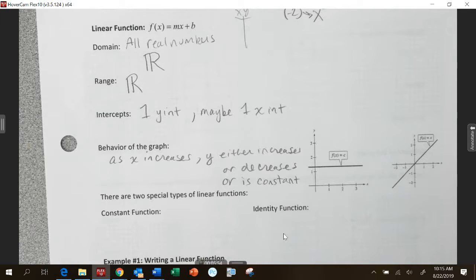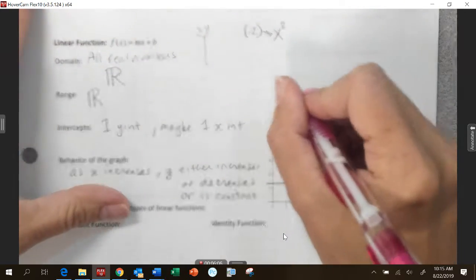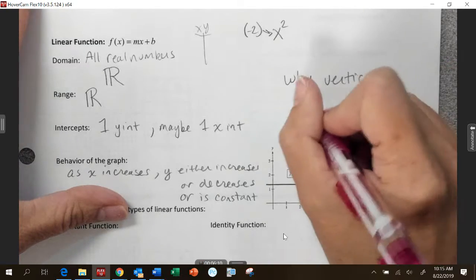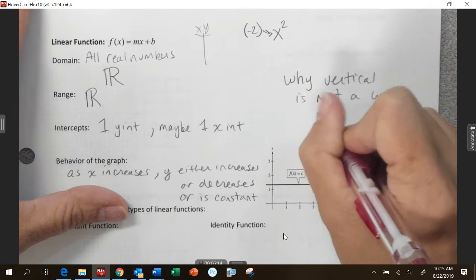The vertical one. And do you know why that's not a linear function? Because what's undefined? Right, but that's not necessarily what's making it not a linear function. The vertical line is not a linear function.